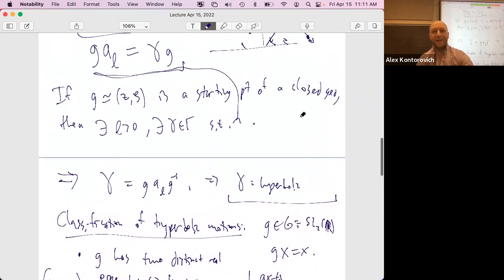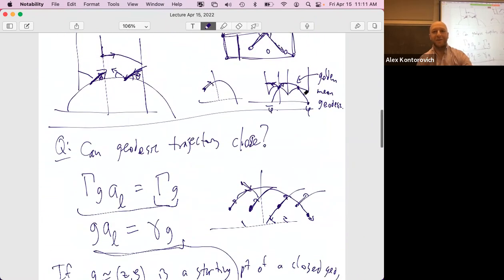I gave you this closed geodesic that I claimed was the golden mean closed geodesic. Any idea what element gamma that corresponds to? Can you give me a matrix in SL2Z? Like 1, I don't know. That's a very good guess. That one has determinant -1.